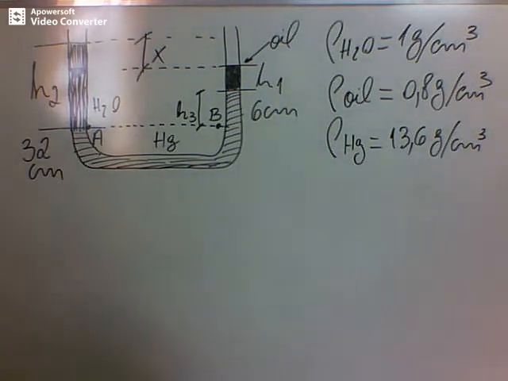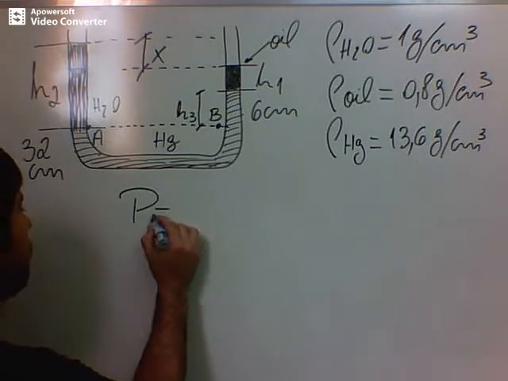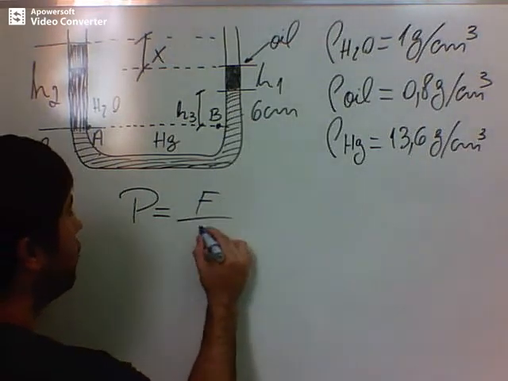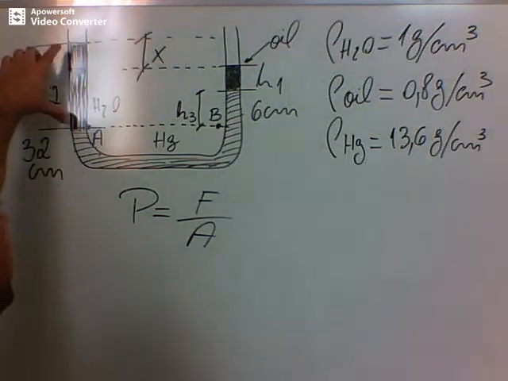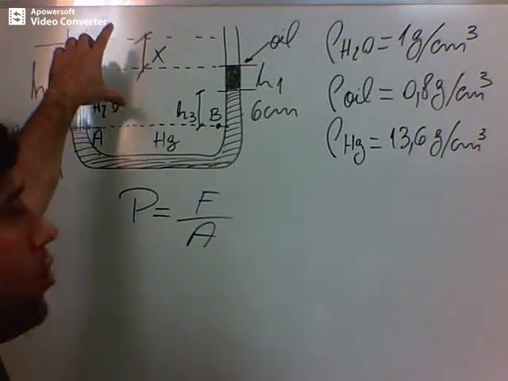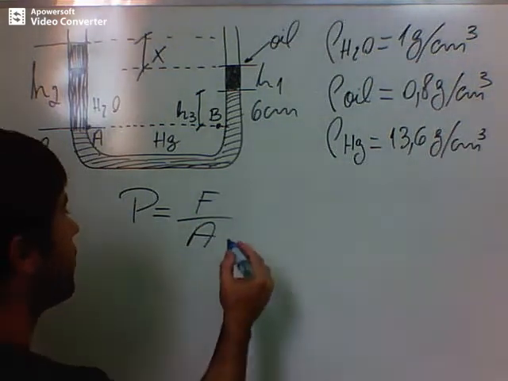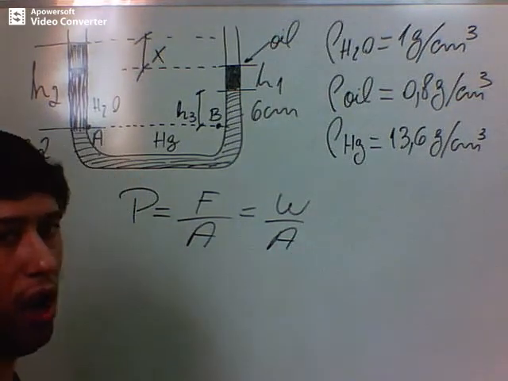First of all, what we need to do is to understand the idea of pressure. What is pressure? Pressure is force over an area. However, we are interested in the weight of the fluid here, and this force is going to become the weight of the fluid over an area, okay?